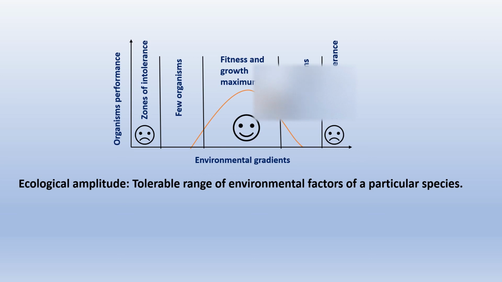Okay, so you can see it over here when the environmental gradients are plotted against organisms' performances. You can see the gradient, and here there is maximum fitness and growth. Here only a few organisms can grow, while these are the zones of intolerance. Okay, and here there is the optimal tolerance range.